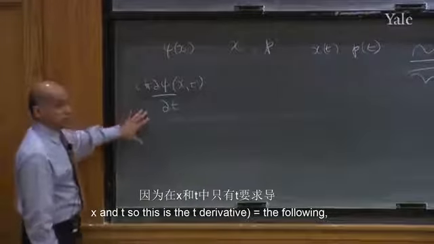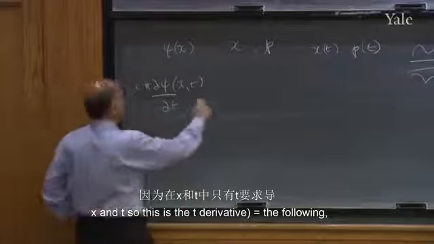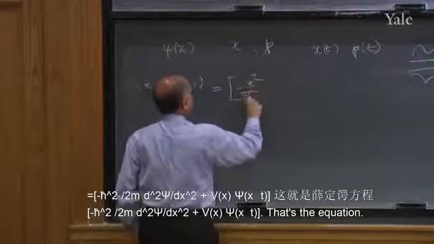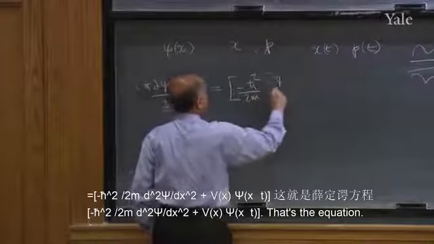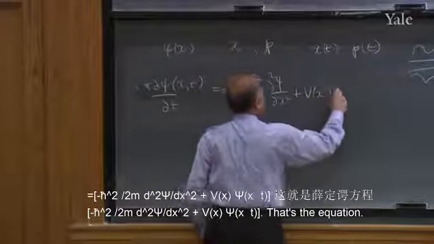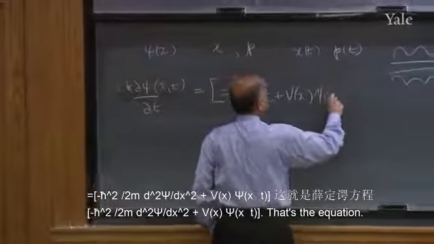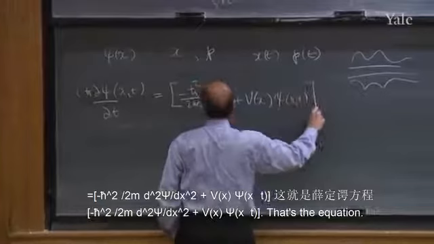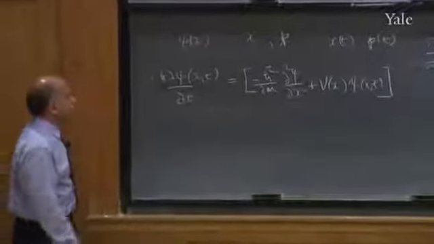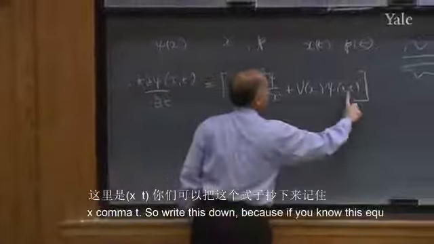So this is the t derivative. Is equal to the following: minus h bar squared over 2m d2 psi over dx squared plus V of x psi of x and t. That's the equation.